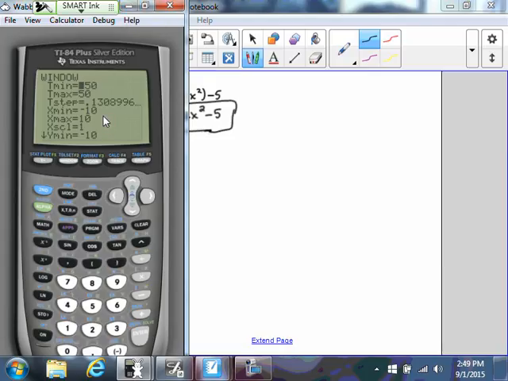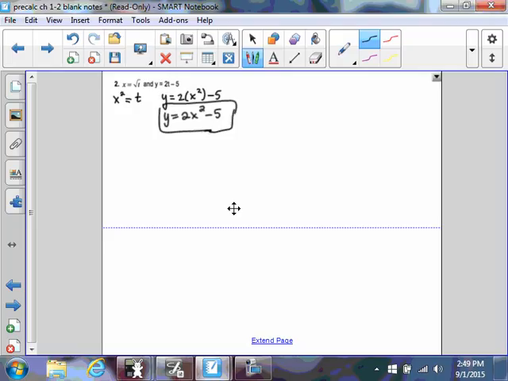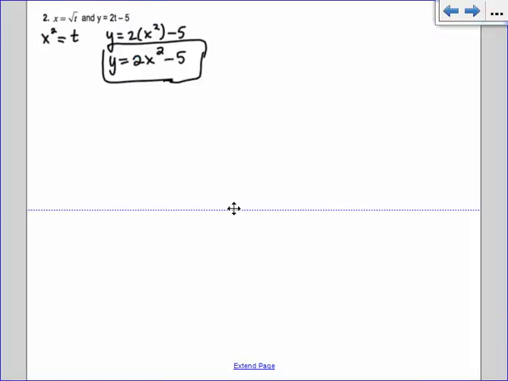Do you have negative 10 to 10? What do you have for your T-step? Okay, try like 0.1. Yeah, and T-step is just when it's doing a T-table, like the calculator is literally doing a T-table and plotting every single point. It's telling you how many points to plot. So it's like saying, okay, start at 0, and then 0.1, and then 0.2, and 0.3. Yeah. You're only getting half?